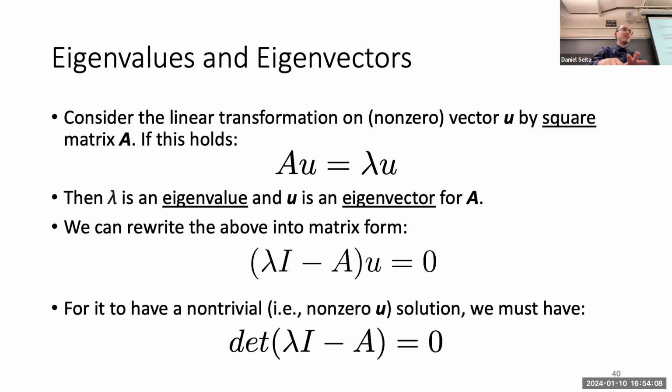I don't have material on singular value decomposition, but if you're familiar with it, hopefully it's somewhat clear. It's a way of decomposing matrices. Another way that eigenvalues are useful is that they're often the values that maximize a quadratic form, which we will cover soon.